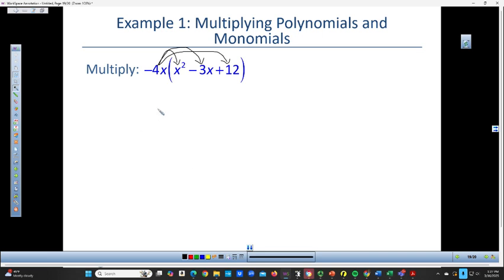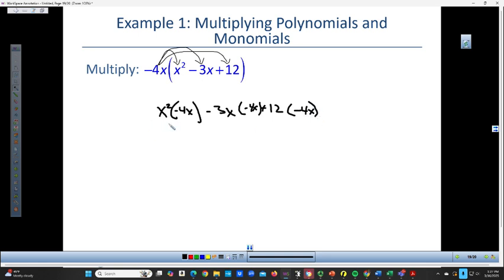So you can just say x squared times negative 4x minus 3x times negative 4x plus 12 times negative 4x. All right, and so we've gone over our power rules, right?